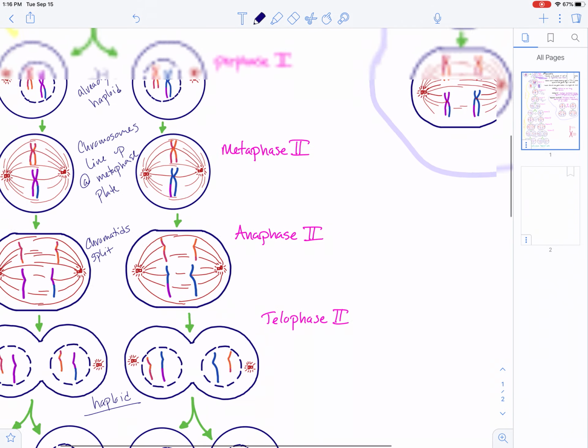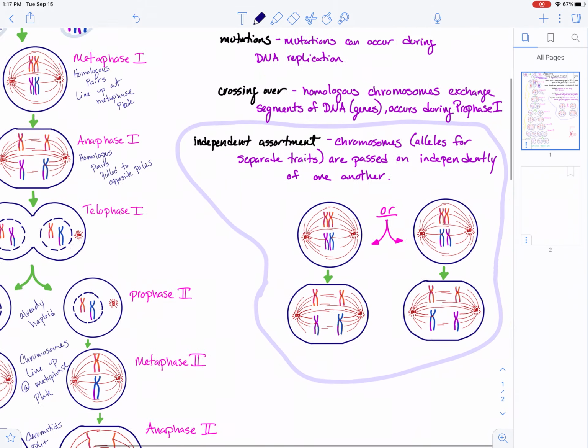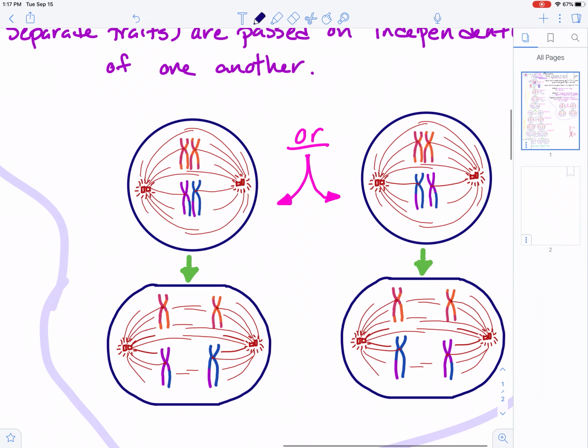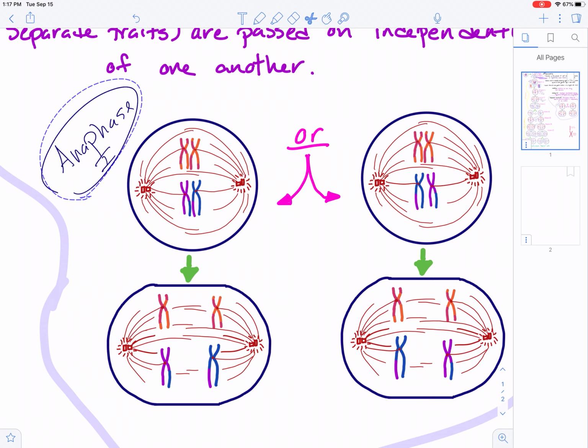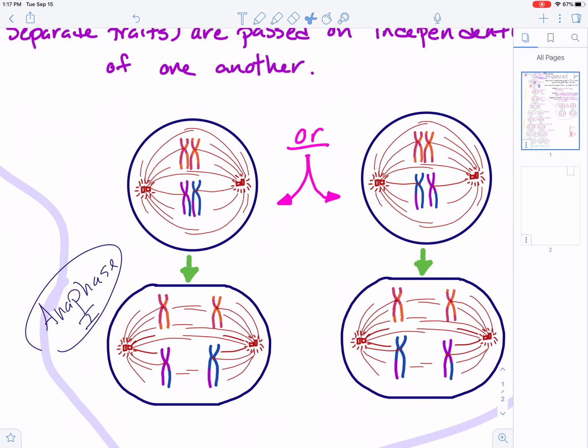Before we finish, I just want to mention that independent assortment again. So here I've redrawn anaphase 1. And telophase. Anaphase 1 and metaphase 1. So I'll just label those on here.